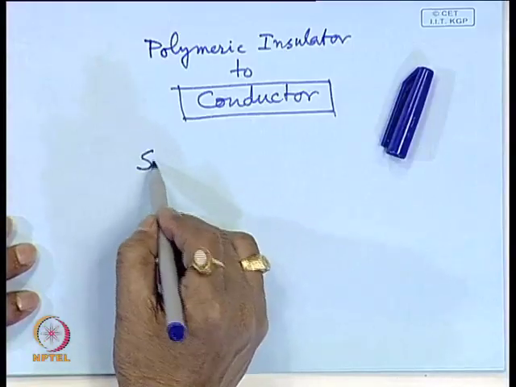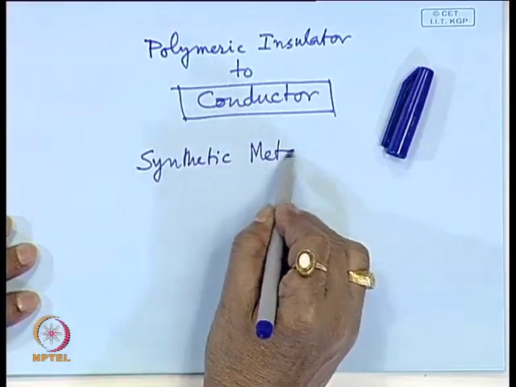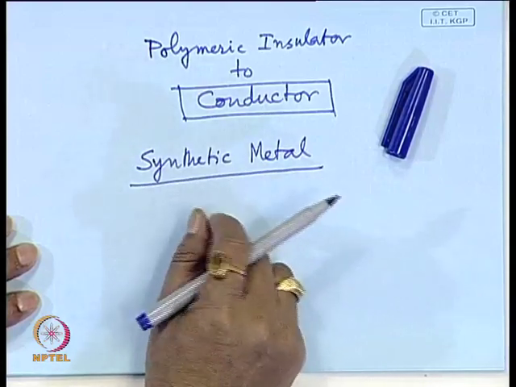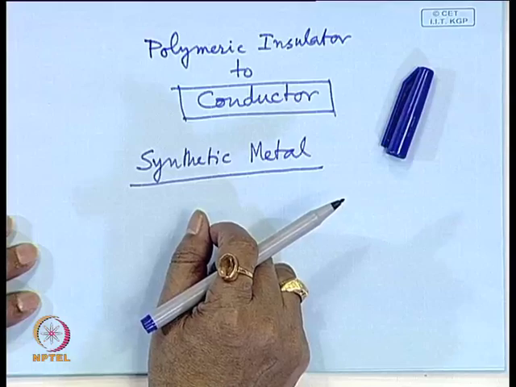So, if we can make some electrons remain free in polymer molecules, they can also conduct electricity, they are supposed to conduct electricity, and that we can call a synthetic metal. Organic molecules containing free electrons, which can conduct electricity, can be considered synthetic metals.